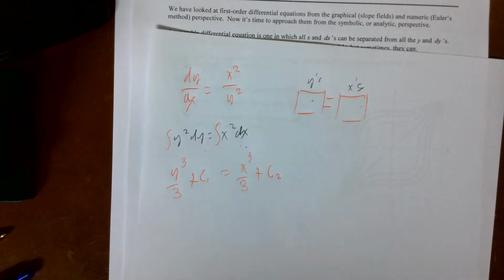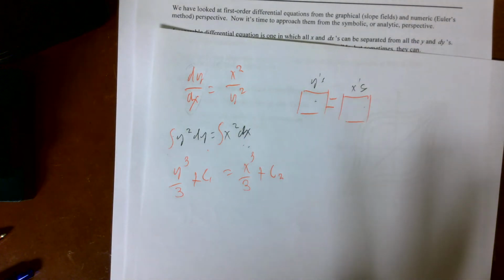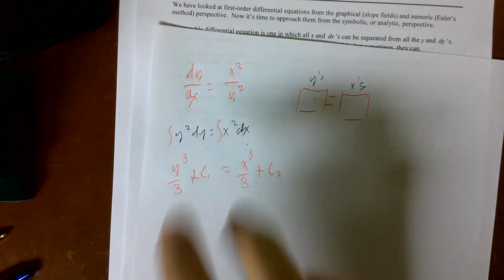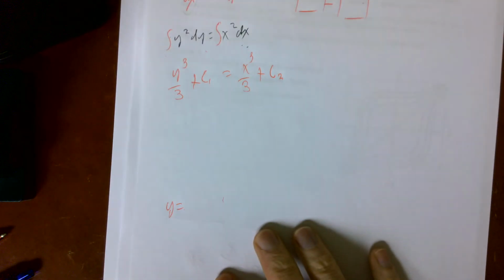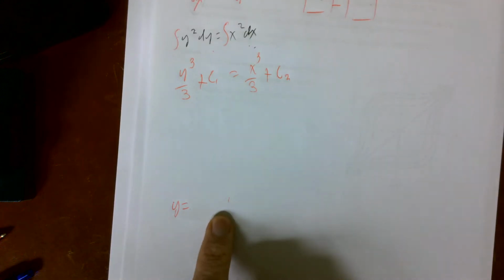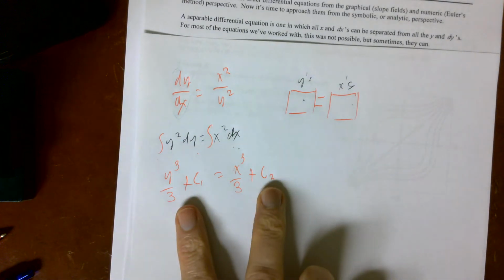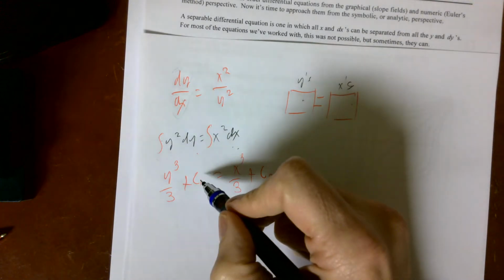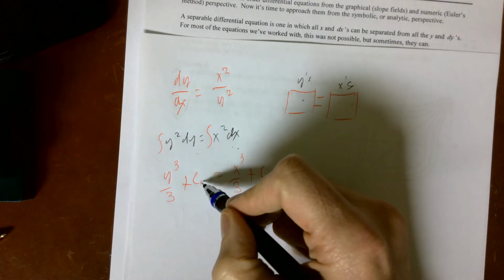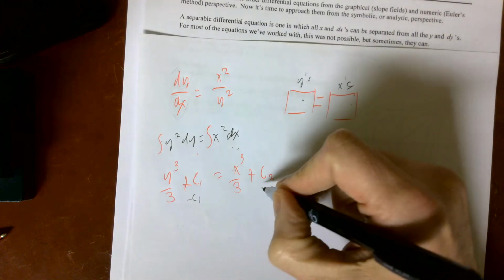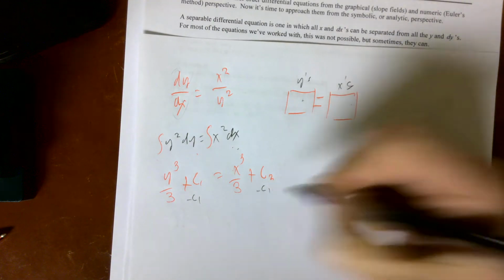Now, step 1 is get rid of the dy and dx's, which we've done. We've gotten rid of the dy dx's, but we're not finished, because at the end of the day, I better get y equals something. All right, so now let's talk about these constants. Well, I don't like this constant over here, so I'm going to subtract this constant from this side, and whatever I do to this side, I'm going to subtract this constant.